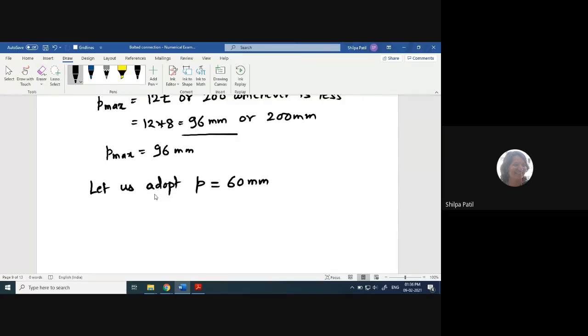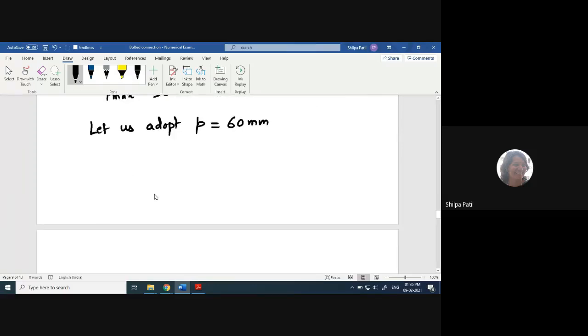So let us find out the first case for Kb. The first one is e upon 3d0. We have adopted e as 40, divided by 3 times d0, which is 18. So what is the value? 0.74.